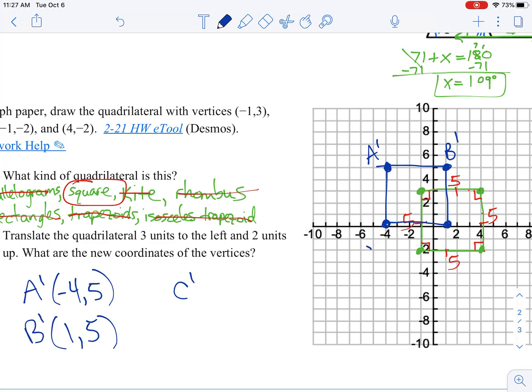C prime, we'll make this C prime. C prime would be at 1, 0. And then D prime would be at -4, 0.